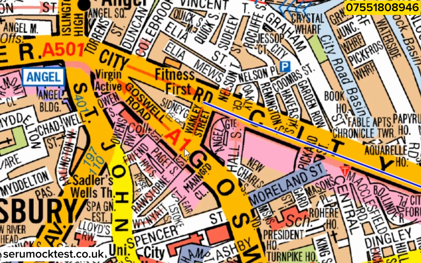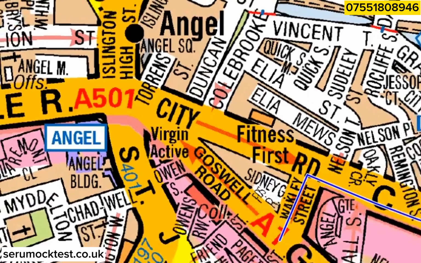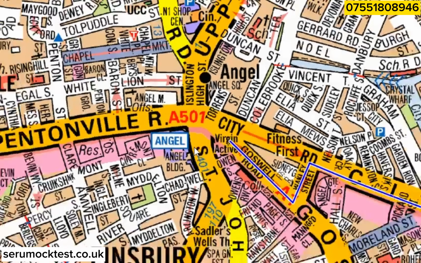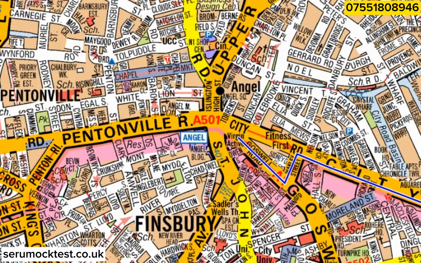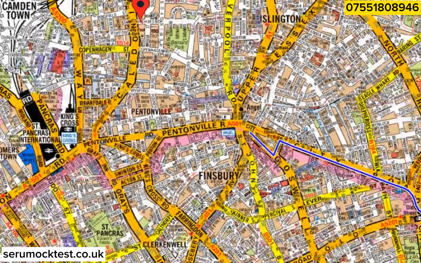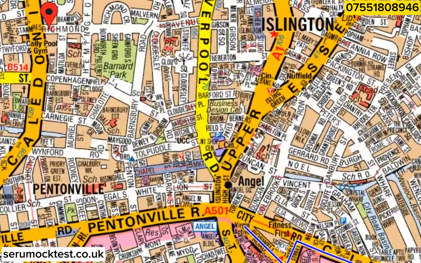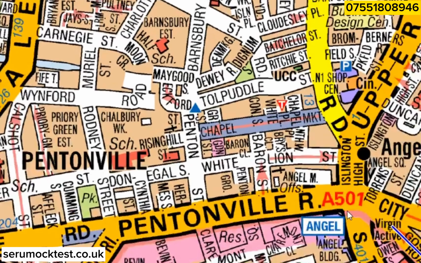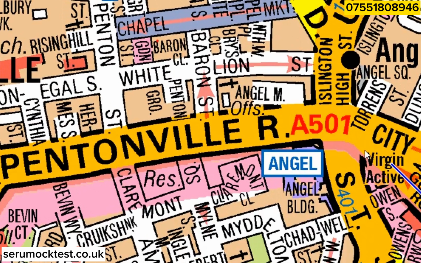And again, like before, we turn onto this road, no issues there. So we have come almost to our destination, and this is where we are going. This is where we are going from here now on. So we continue on City Road to Pentonville Road. Use the letters to make sure the lines are pretty much straight.